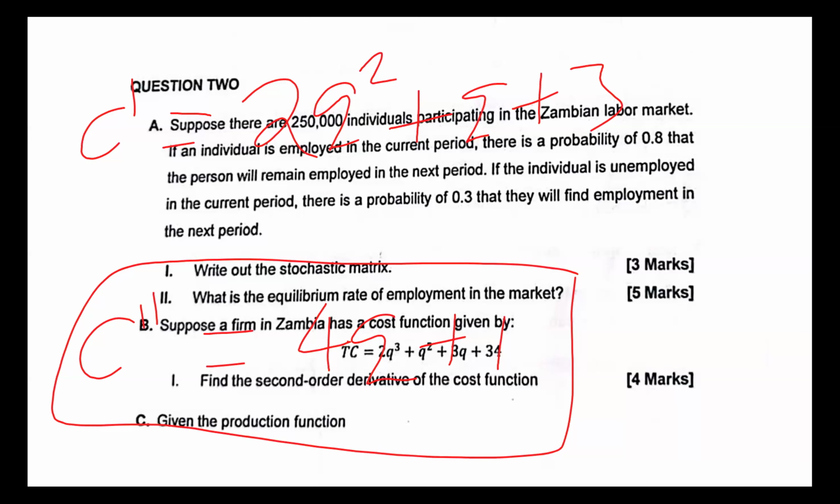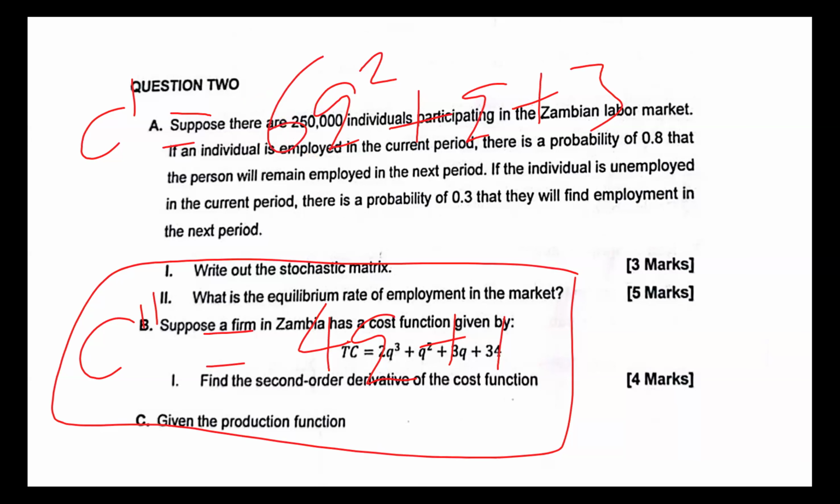Now you put the first derivative. This equation is 2q squared, meaning it's 6q. Here is where you put 2. So the first derivative will be 6q squared, plus this will be 6.